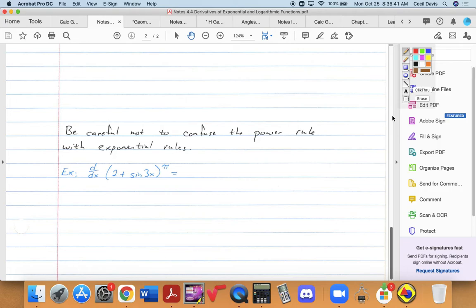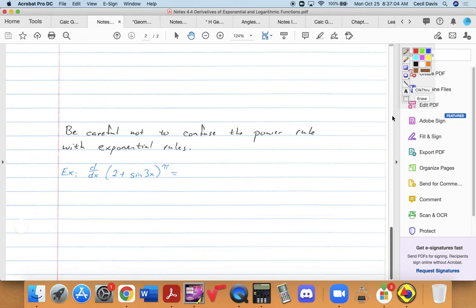Is that a power function or is it an exponential function? Power function. How do you know? The power is a constant. Yes, the base has the variable, the power is constant. If it's the other way around, then it's exponential.